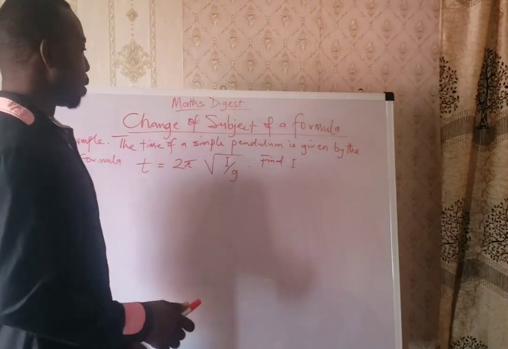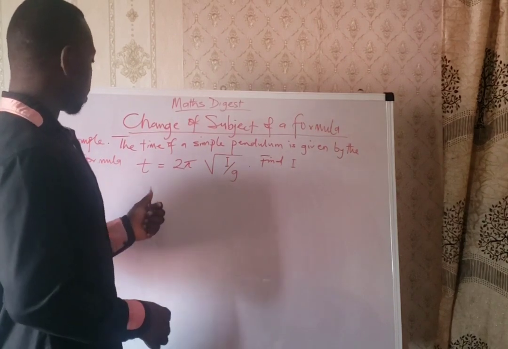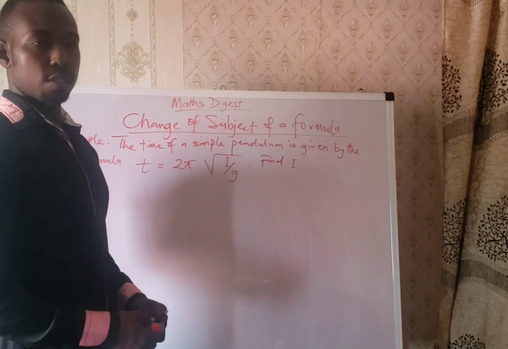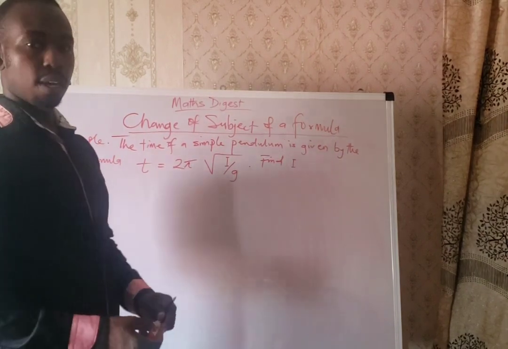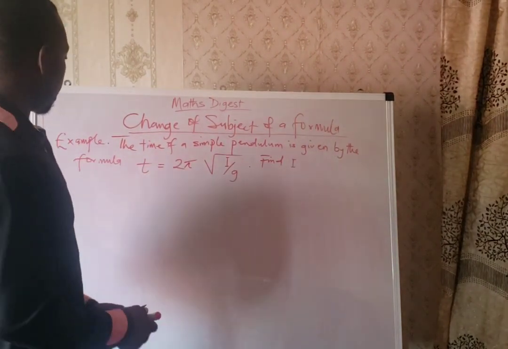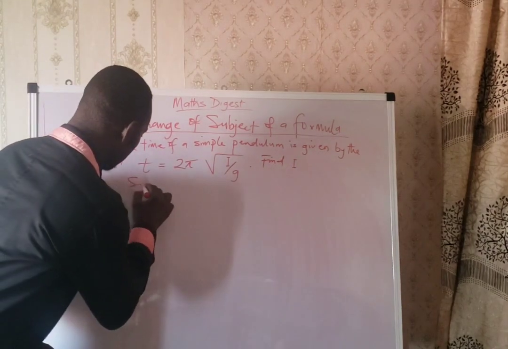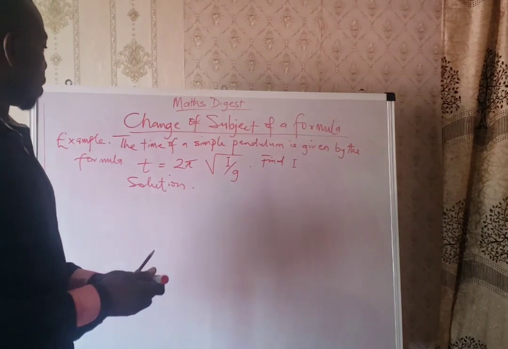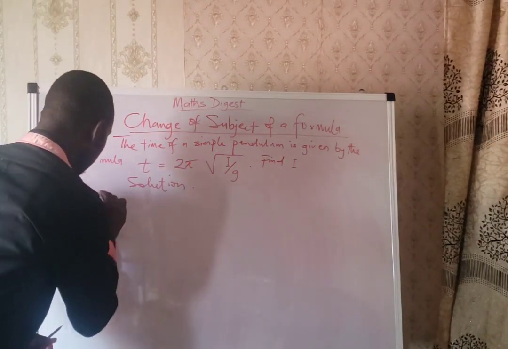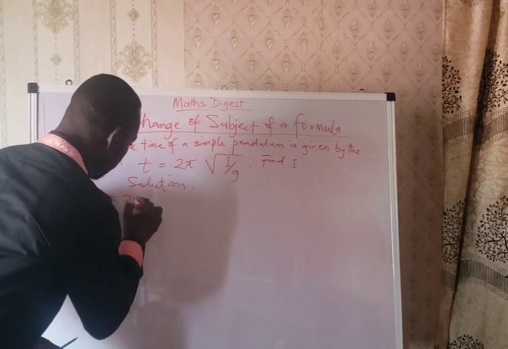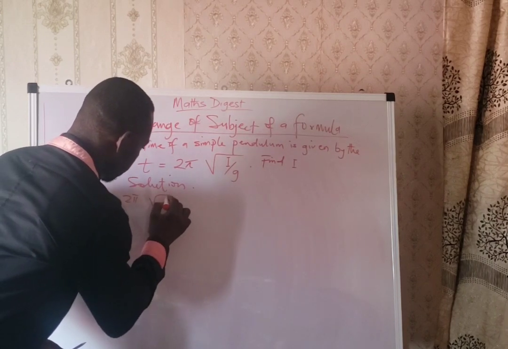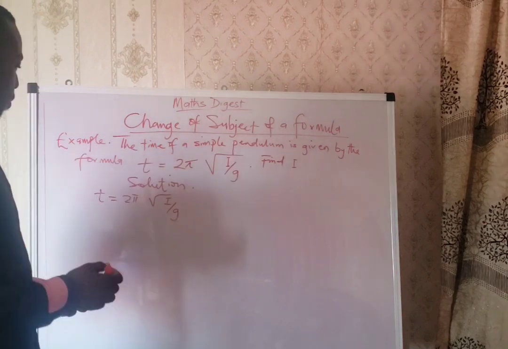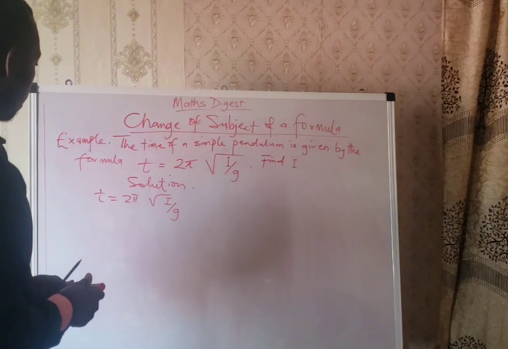So let's take another example. The period of a simple pendulum is given by the formula T equal to 2 pi square root of l over g. Find l. Solution. Now we're going to bring down this T equal to 2 pi square root of l over g.